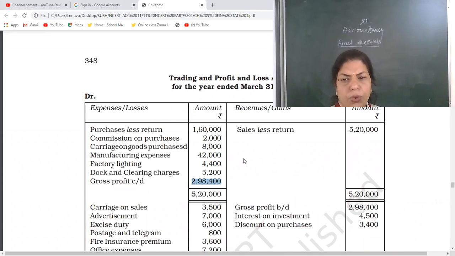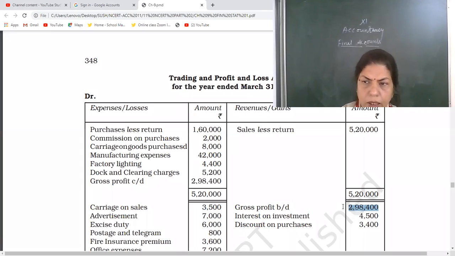Simple. Total of credit side minus all the items of debit side. So the remaining amount will be termed as gross profit. And this gross profit should be transferred from this side to this side. Okay. So by the double lines, we can say the trading account is over. Trading account completed.